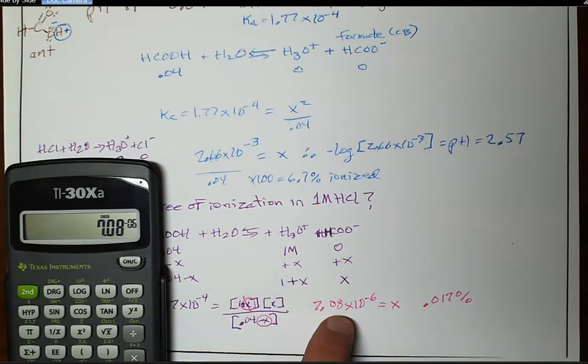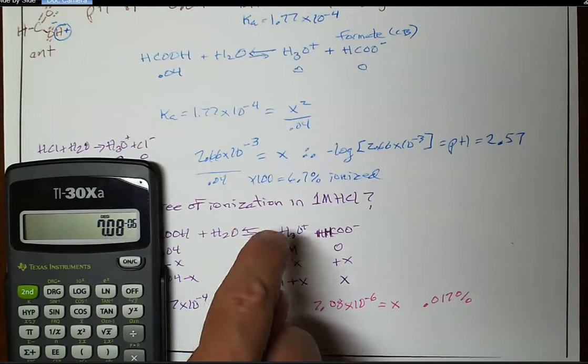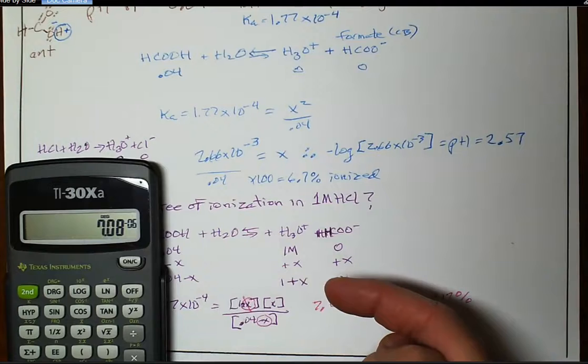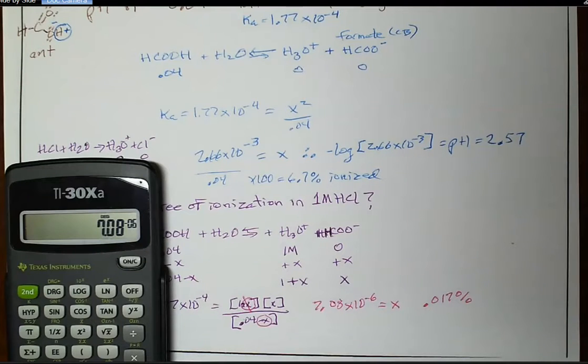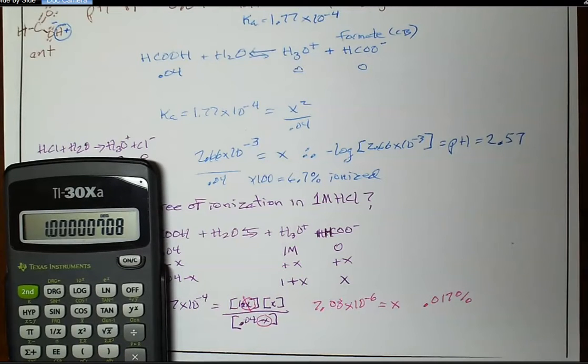That tiny little amount of hydronium being produced by formic acid trying to ionize. But Monsieur Le Chatelier is saying, well, I'm putting more stuff right here, and that's going to drive your equilibrium back to the left. So anyway, we only get this much, and we add that to 1. So plus 1 equals that.